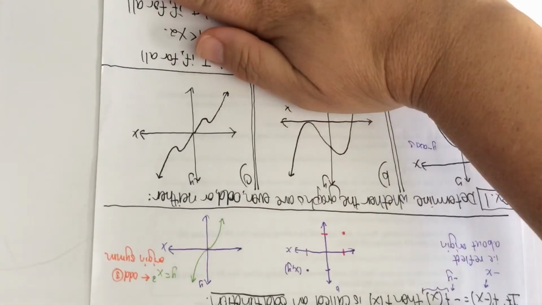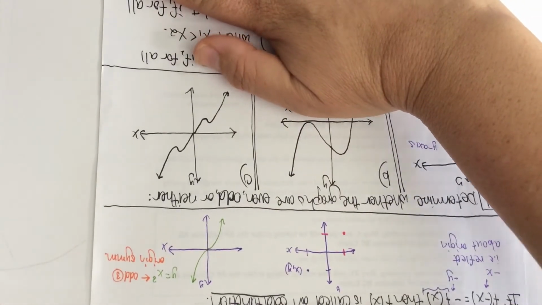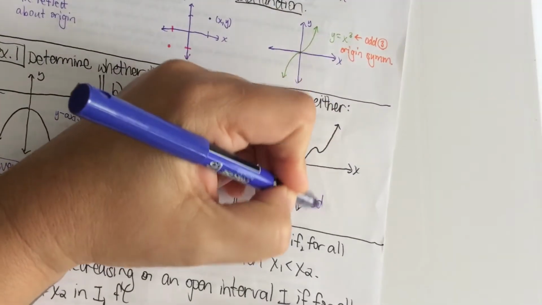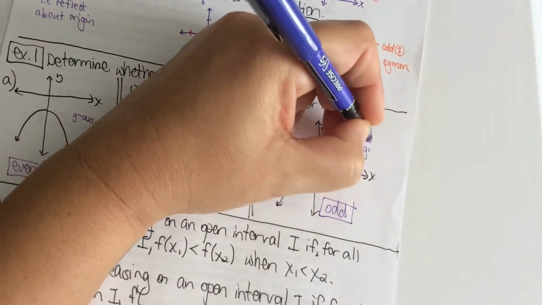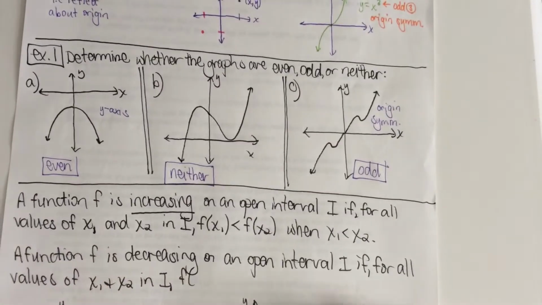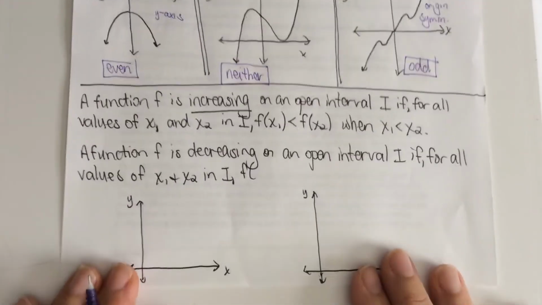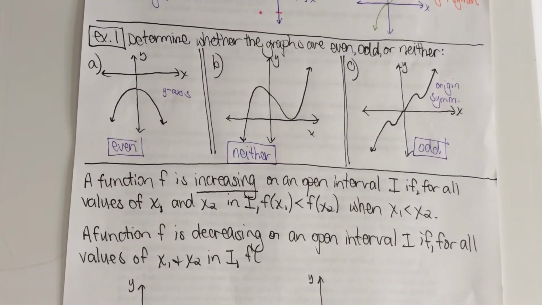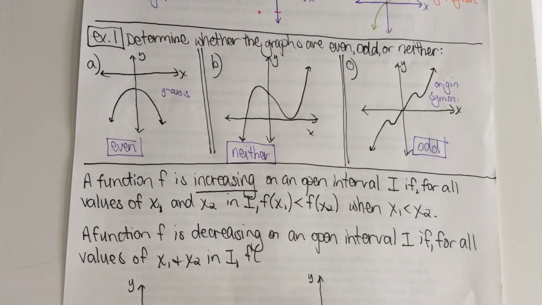If I rotate my paper, first and third quadrants, so that means I have odd symmetry. I mean, an odd function, excuse me. Origin symmetry means the function itself is odd. Okay? All right, so these definitions probably freaked you out, but they're actually pretty straightforward.